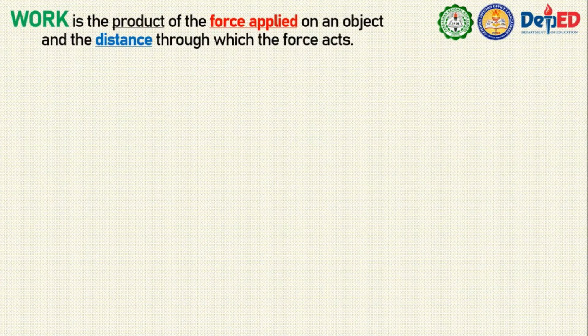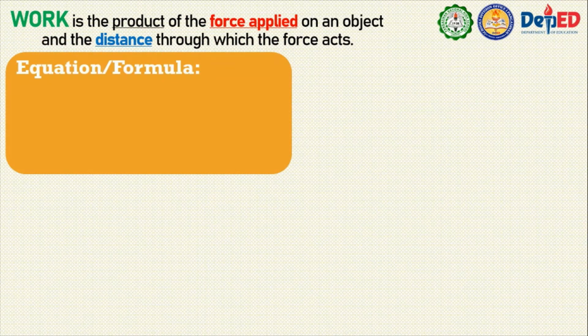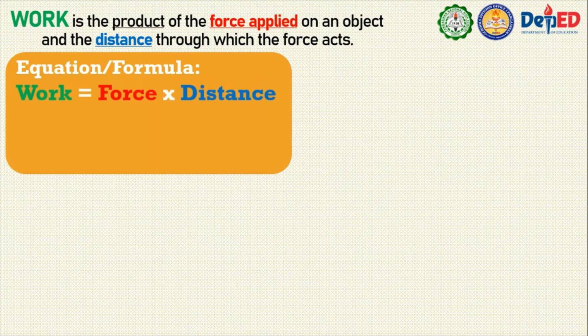Work is the product of the force applied on an object and the distance through which the force acts. In equation, work is equal to force times distance, wherein work is represented by capital letter W, force is represented by capital letter F, and distance is represented by small letter d.